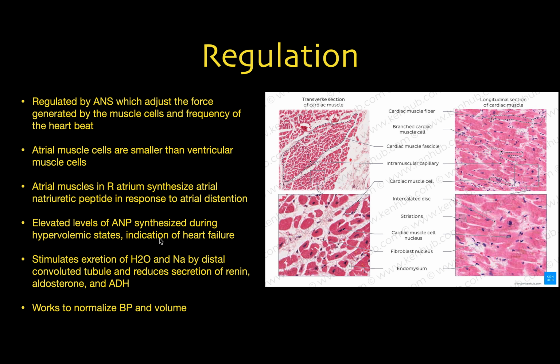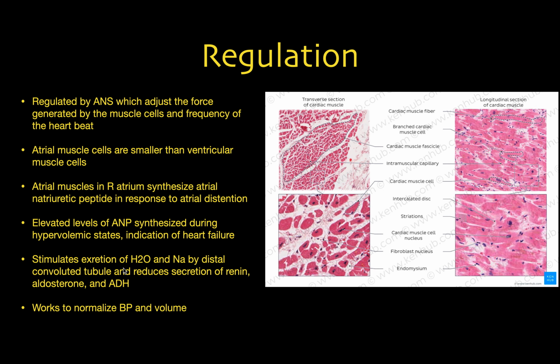So once the clinician has run a CBC and you see that there are high levels of ANP, you can automatically assume that the heart right now is going through heart failure and is too full of blood, and the pericardium might be filled with fluid.